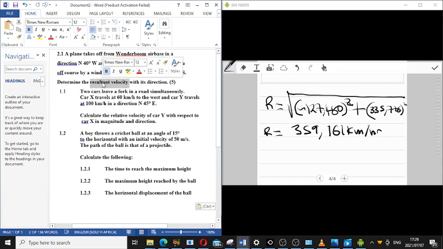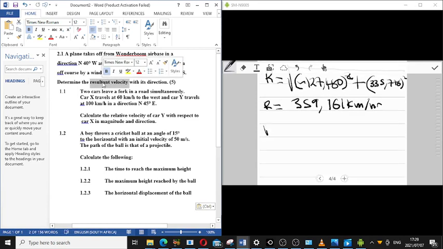So now to calculate the direction, we say theta is equal to tan inverse of the summation of the vertical component over the summation of the horizontal component.